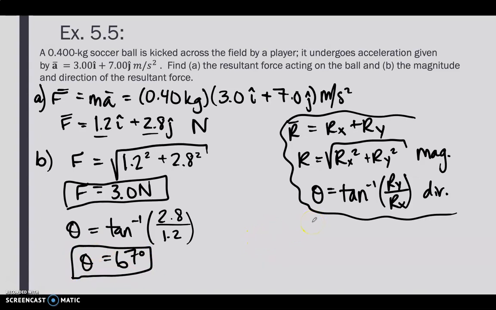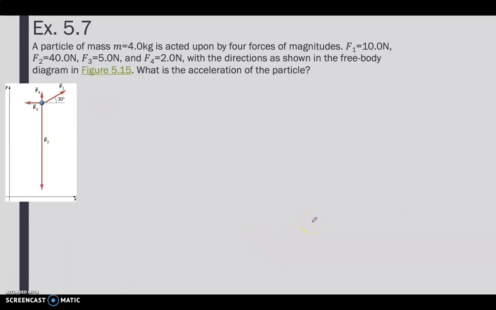All right, so I'm going to go ahead and continue with another example. It states a particle of mass m equals 4 kilograms is acted upon by 4 forces of these magnitudes, F1, F2, F3, F4, with the directions as shown in this free body diagram.